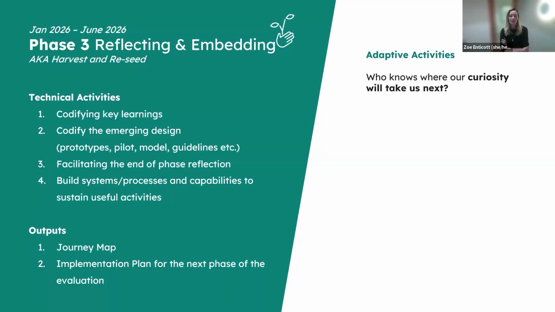Phase 3, we haven't got to this phase yet, but it's really about codifying key learnings. In a developmental evaluation, it's often about thinking, all right, what is the model that we're working with? Now that we've been iterating and changing, what have we learned about that? What is the model? You can develop journey maps. Outputs can be varied and, as I said, depend on need.